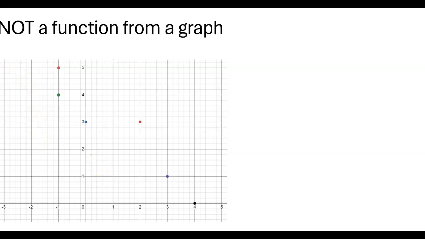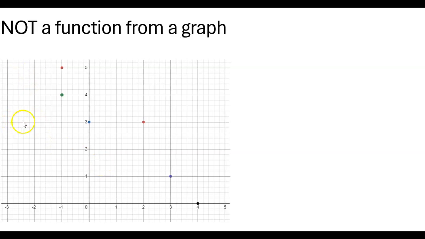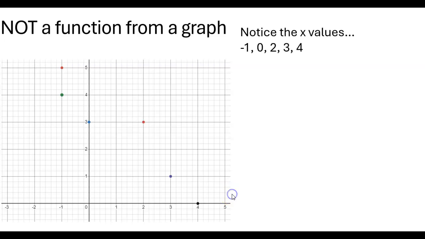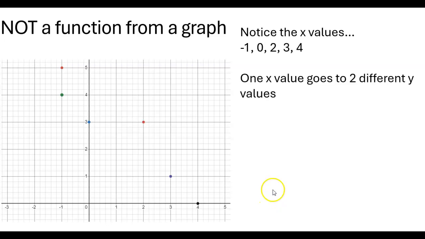If we're looking at a graph and we want to see what is not a function, again, let's go through the same process. Let's notice our x values. We have -1, 0, 2, 3, and 4. We should notice here that one x value goes to two different y values. If you find that hard to see, list the ordered pairs.